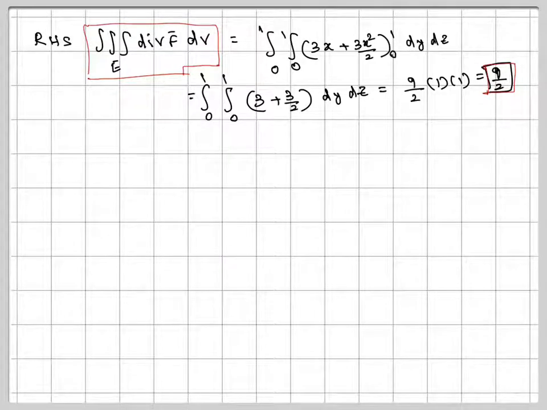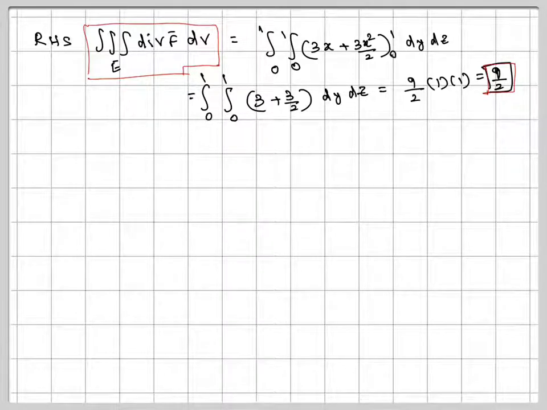First you integrate with respect to x, and that turns out to be 9/2. Then it is the double integral 0 to 1, 0 to 1 of dy dz, which is just the area of the square, equal to 1. So it is 9/2. So we got one side of the theorem.